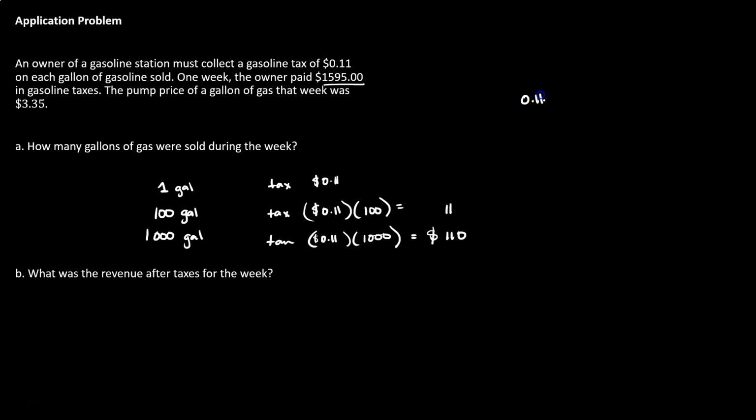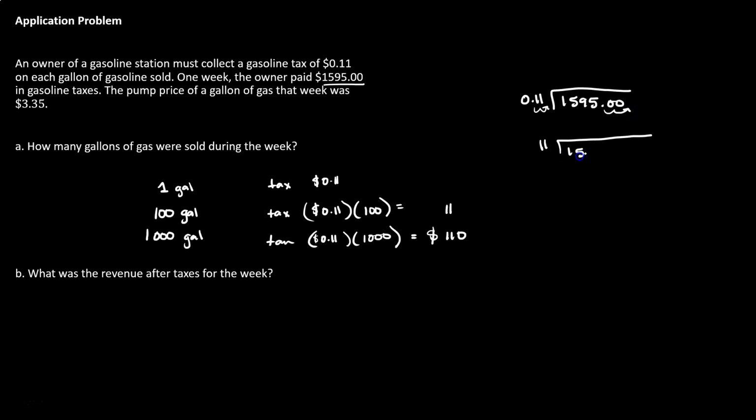So we're going to do the 11 cents into 1,595. We know to divide decimals, we need to move the decimal in the divisor so that we have a whole number on the outside. And if we move it there, we need to move it in the dividend.